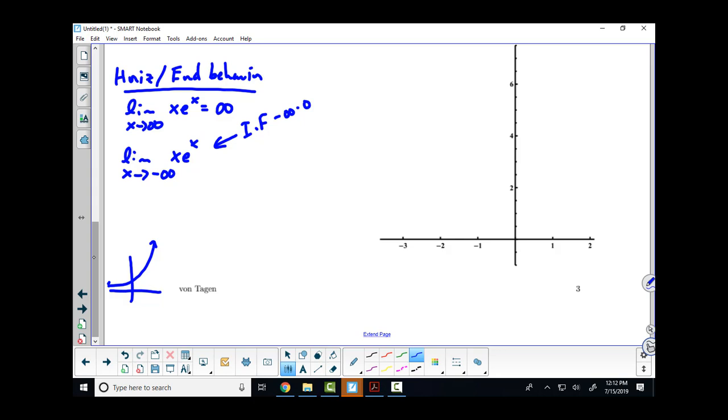So now I've got to evaluate this limit. This is not an easy one. So what am I going to want to try to use to evaluate this limit? Any guesses on that? I'll rewrite it, because we do want to get 0 over 0 or infinity over infinity, but we need a quotient.